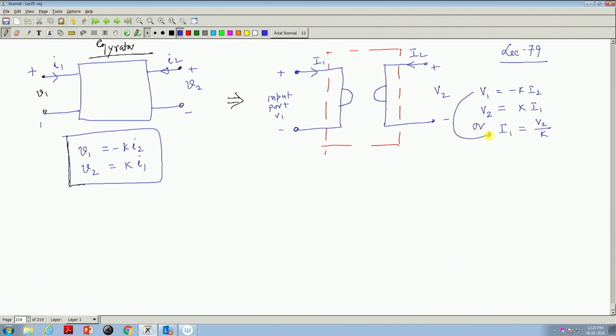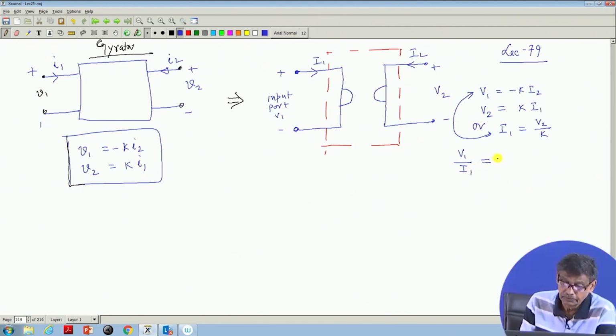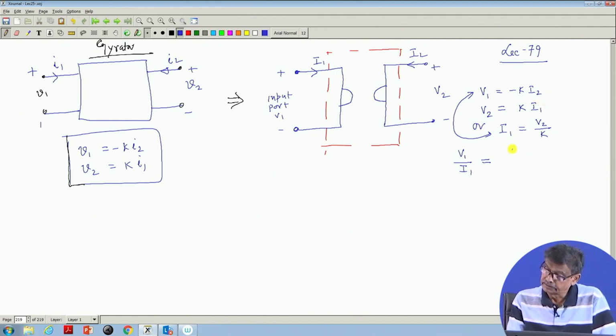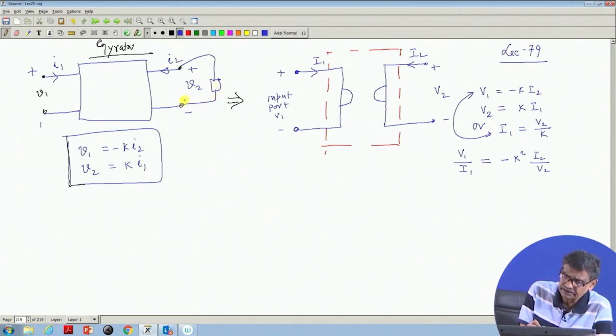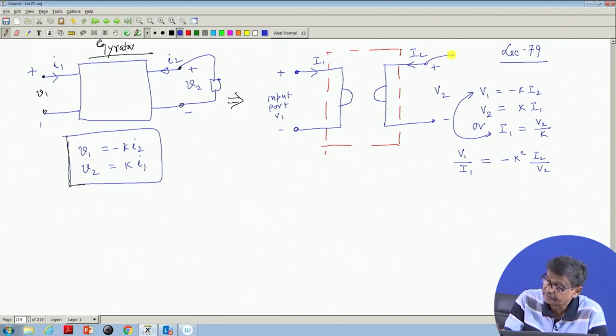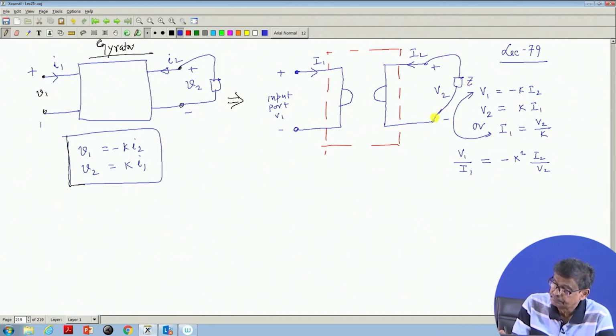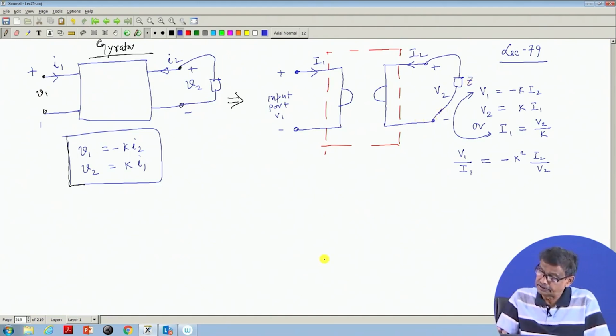Then from these two equations, if you divide V1 by I1, it will become equal to minus k square into I2 by V2. Suppose you have connected any impedance, need not be an inductance or capacitance here. Suppose some complex impedance Z you have connected.